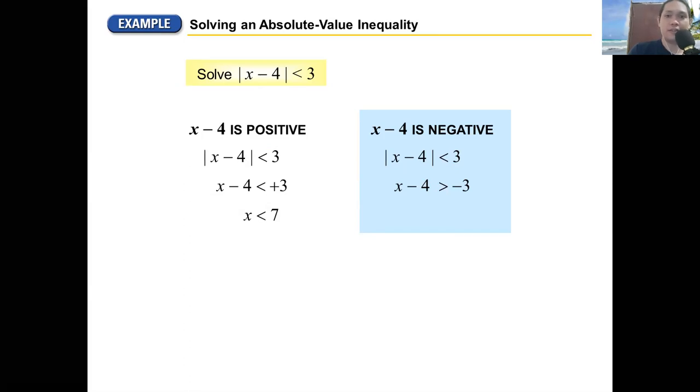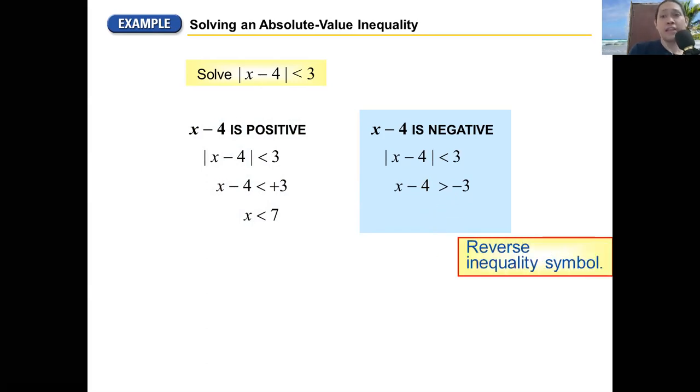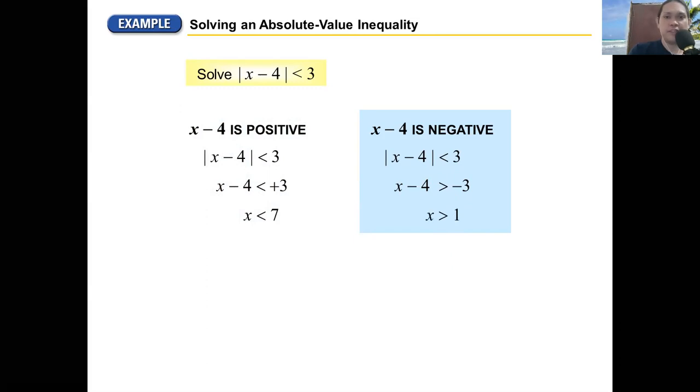Why did we reverse the inequality? That's the rule for solving an absolute value inequality. So please do not forget, when we consider x minus 4 as negative, you have to change the inequality symbol as you can see there. So you have x is greater than 1.